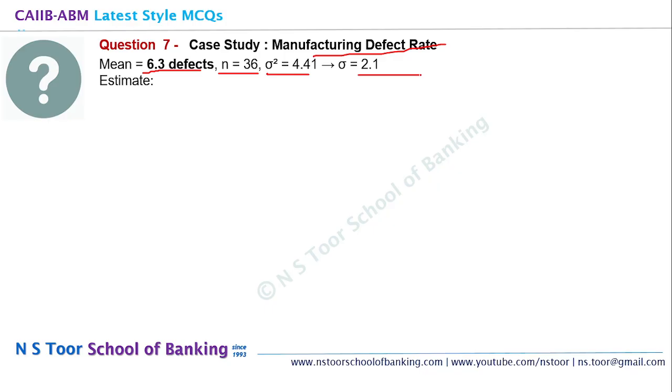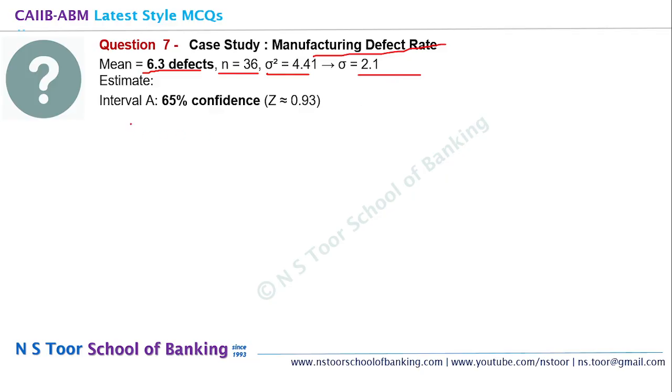What is the standard deviation? 2.1. So the variance is 4.41 and the standard deviation is 2.1. We got a ready-made answer for standard deviation.